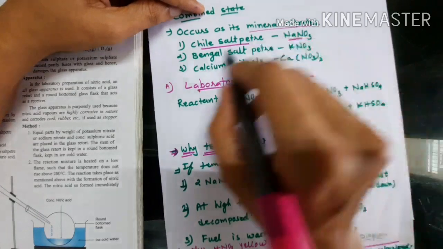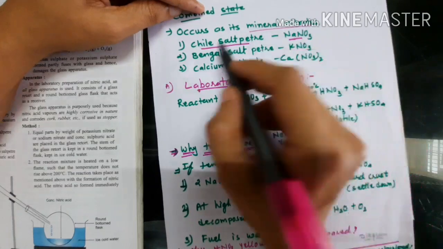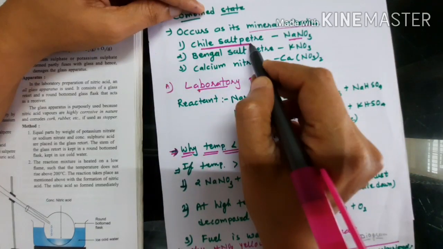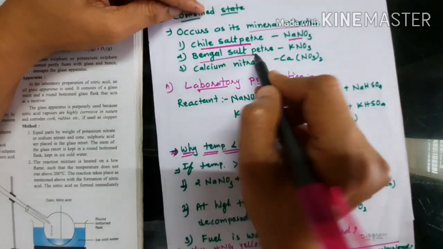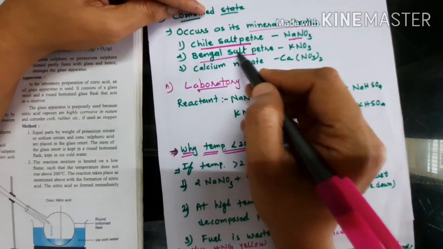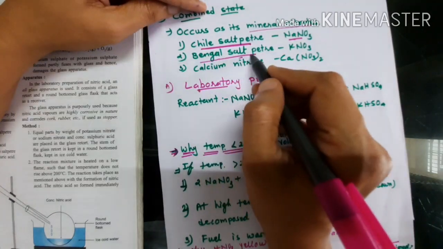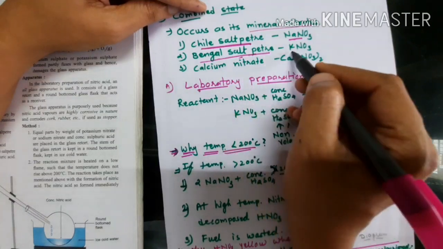Sodium nitrate is the scientific name, but Chile saltpeter is the common name. Then Bengal saltpeter, which means potassium nitrate. It was discovered in Bengal, that's why it is known as Bengal saltpeter.